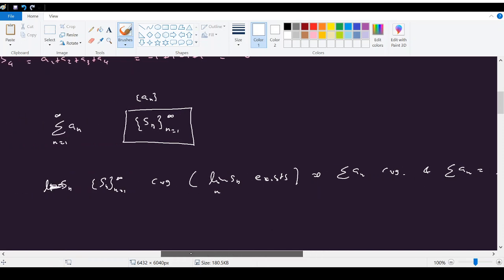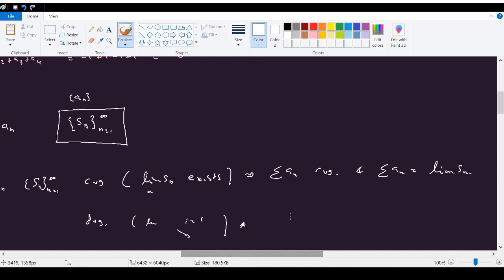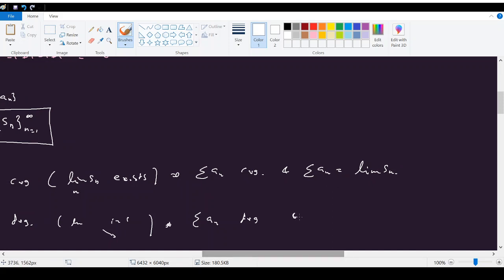And if this sequence diverges, that means this limit is infinity or it does not exist, both can happen, then we say that the series diverges.